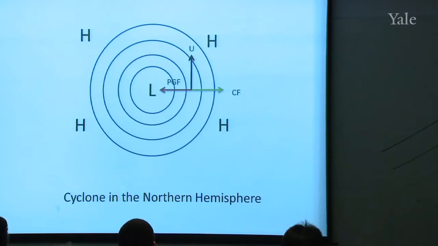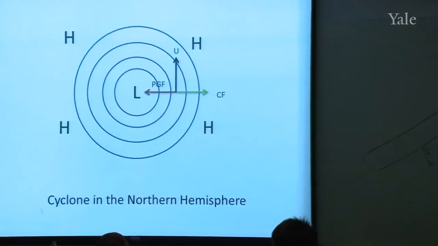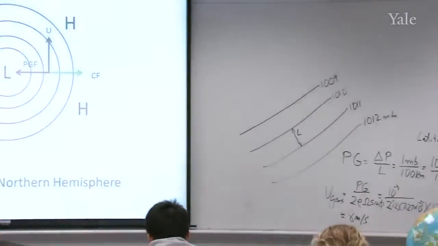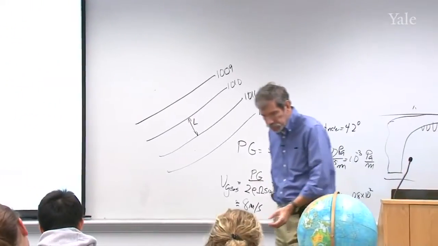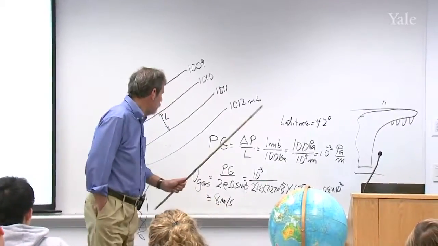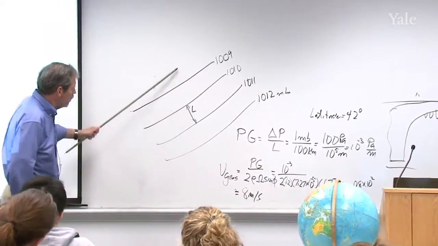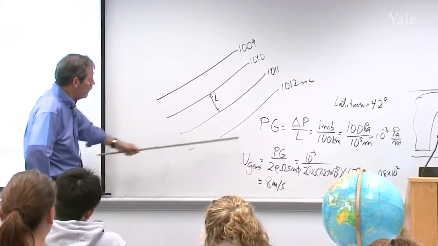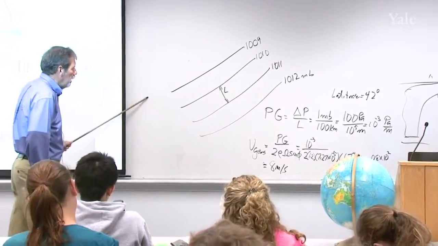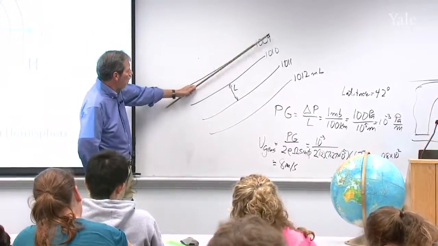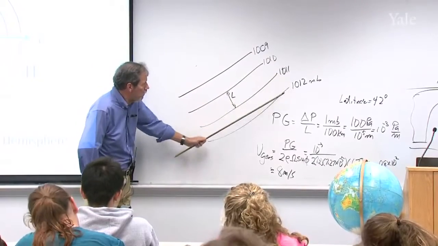Let me do the problem on the board first, and then we'll go on here. Hope you can see this. Again, we're looking down at a map: north, south, east, west. And on this particular day, the isobars look like this.